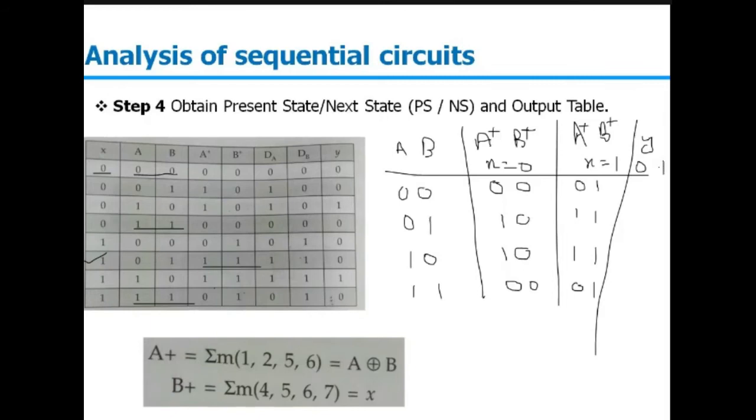Again, since we will be having two values of x, so in the first case 0 0 1 0, here I am getting 1, and then 0 0 1 0. Drawing the state diagram from this table is very easy, because you will simply say we are in the 0 0 state, x 0, remain in that state, y is 0.